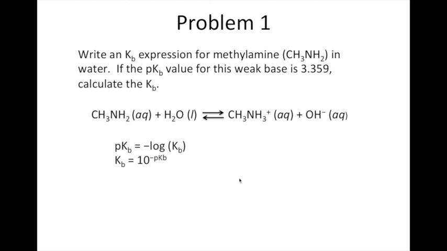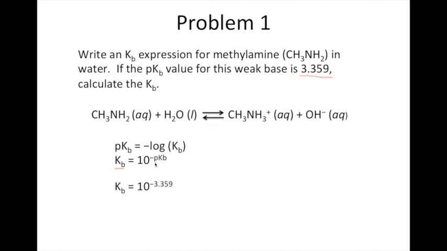We're given that the pKb is 3.359. What would be the Kb value? We have to rearrange this in order to solve for Kb. So Kb is equal to 10 to the negative pKb.